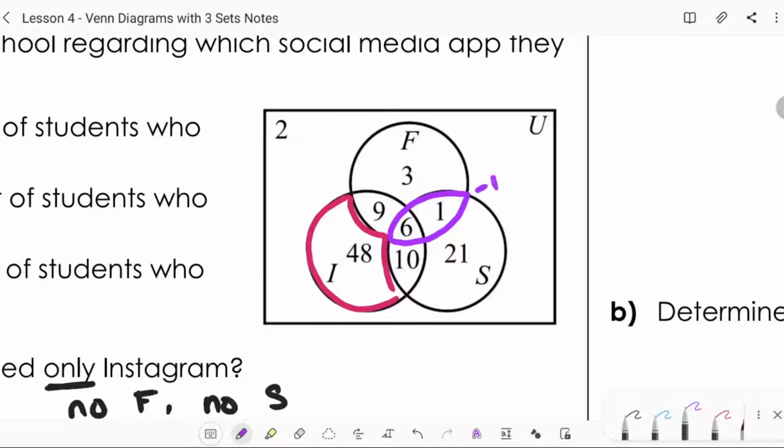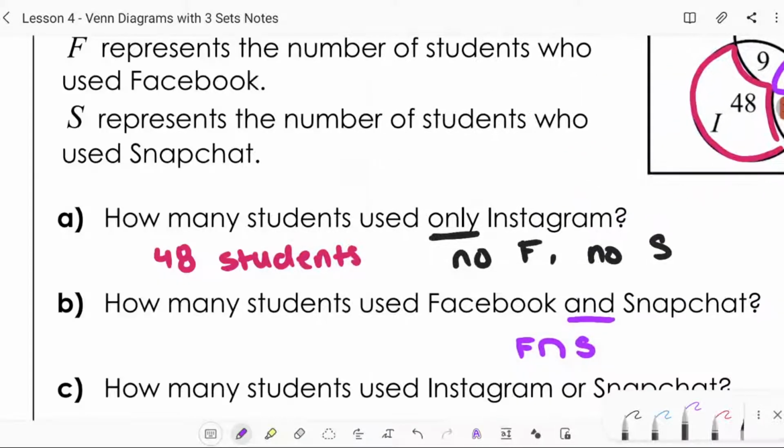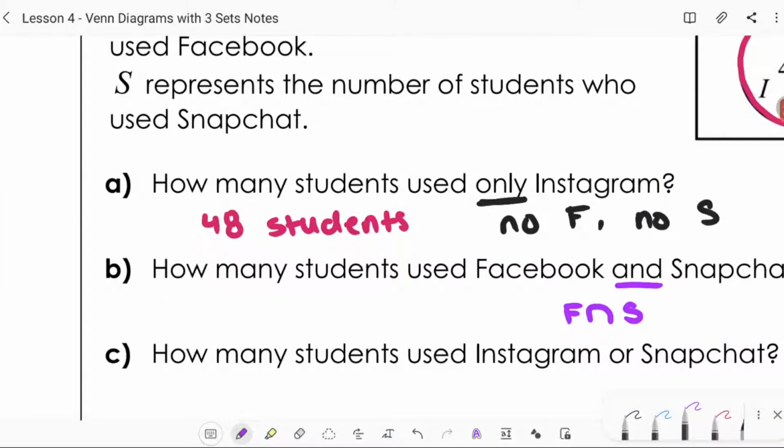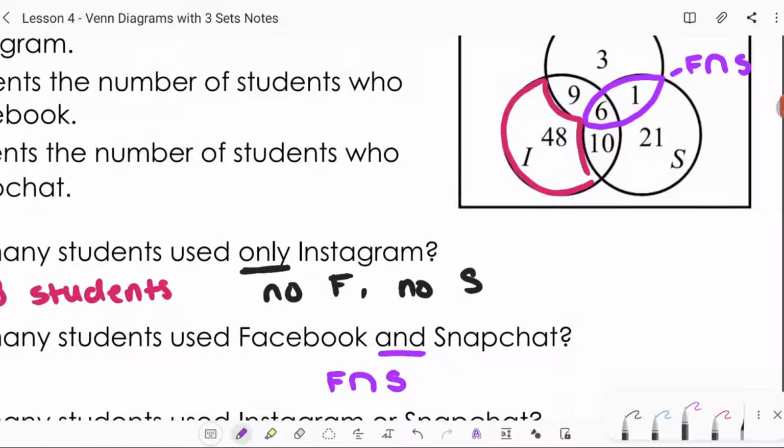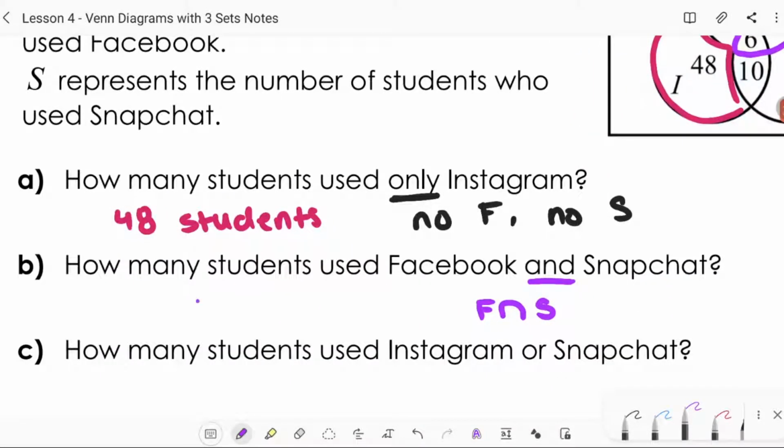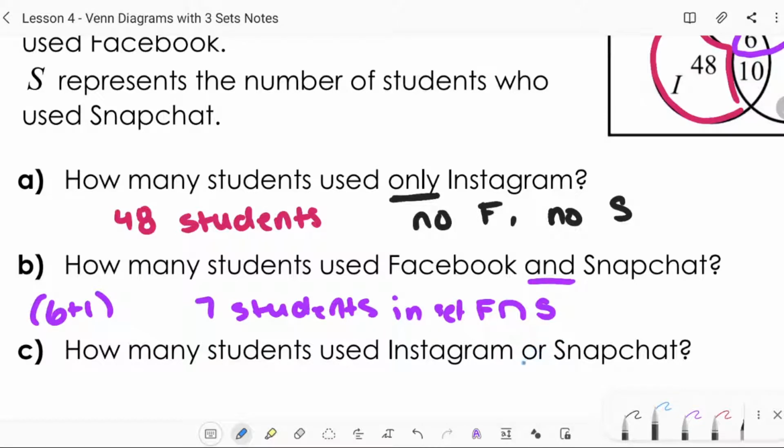So this is F intersect S, which has a total of 7. Right? 6 plus 1. So 7 students in the set F intersect S.